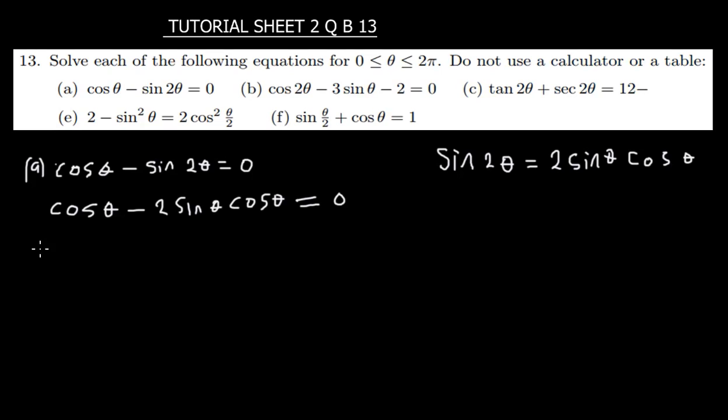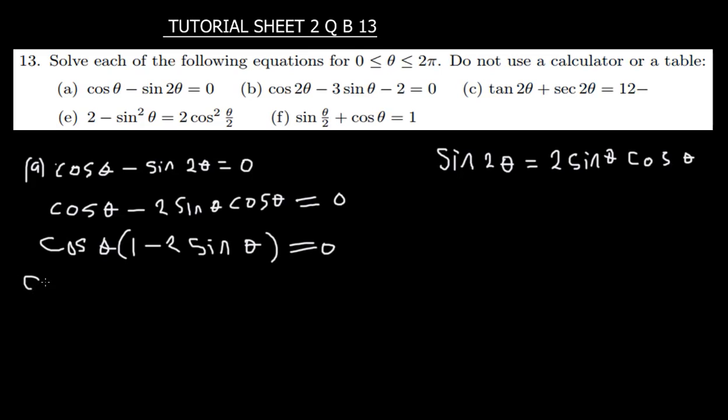Then from here, I think most of us can take it up, because you just need to factorize cos theta this side, and then you have 1 minus 2 sine theta is equal to 0.